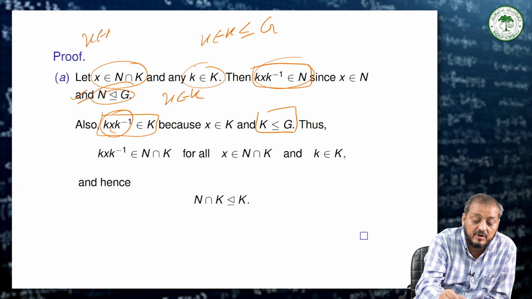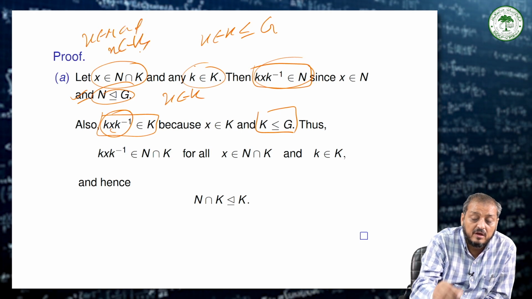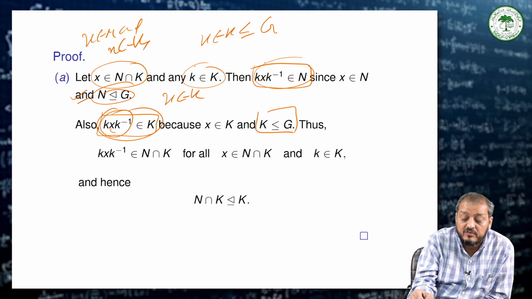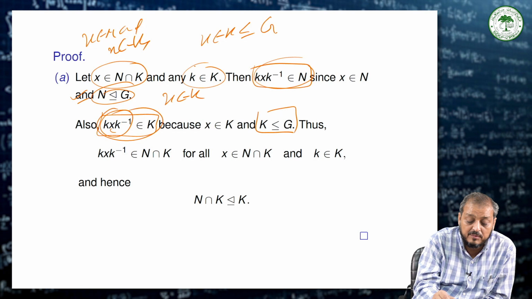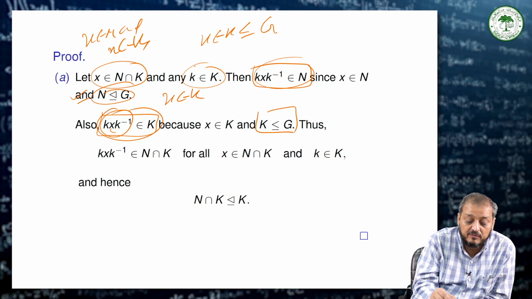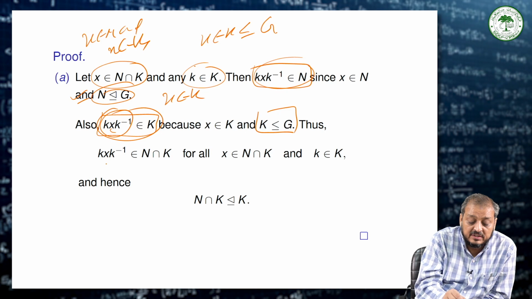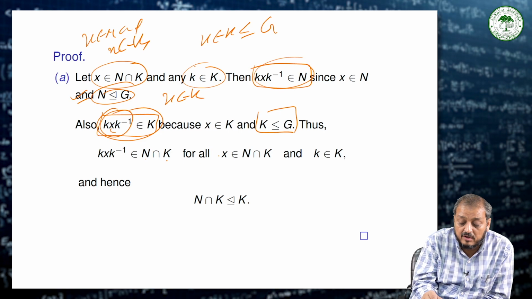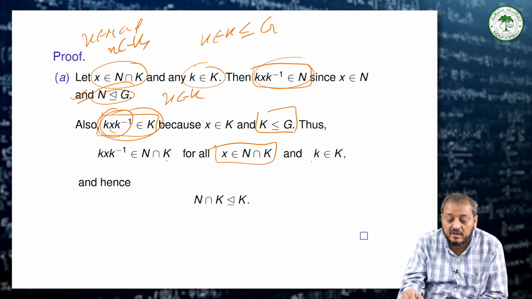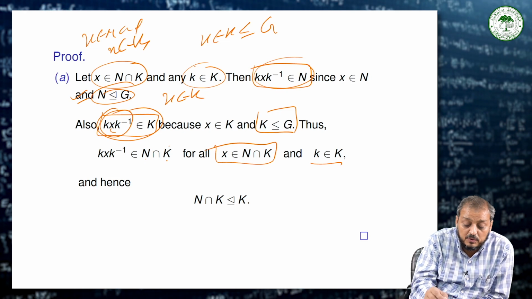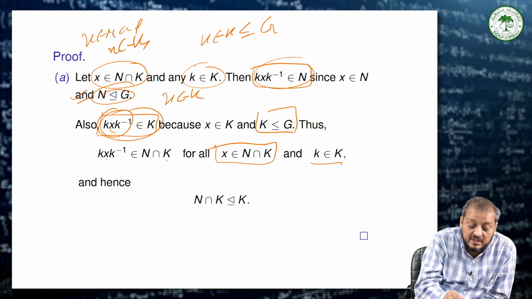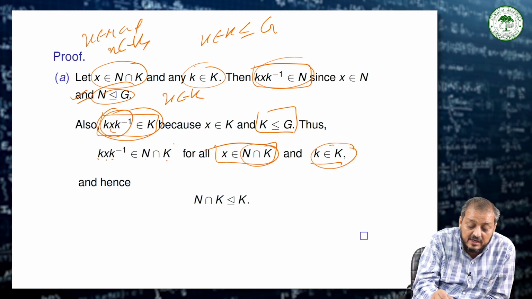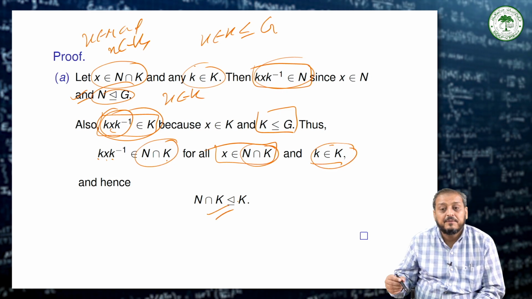This means x is an element of N and x is also an element of K. So this whole thing also belongs to K. So now what we show is that the same kxk inverse is an element of N and an element of K. So we can say kxk inverse is an element of N intersection K for all x in N intersection K and k in K. Now we have shown that kxk inverse is an element of this, and this k is an element of K, that means clearly N intersection K is normal in K.